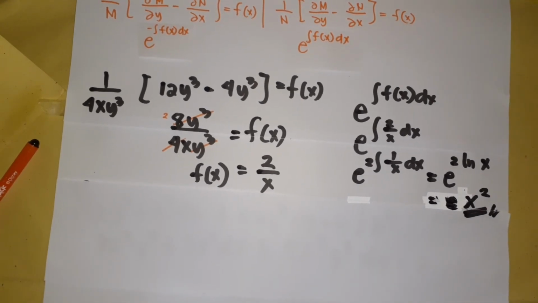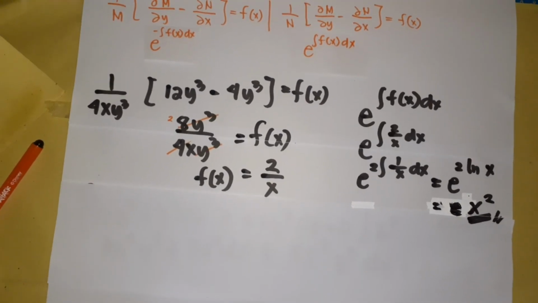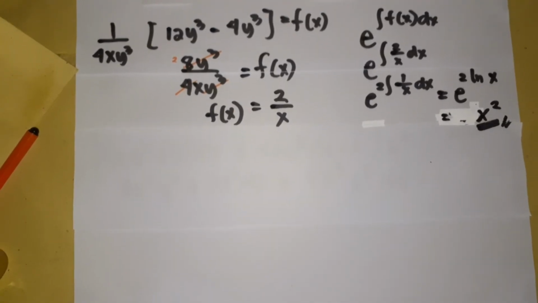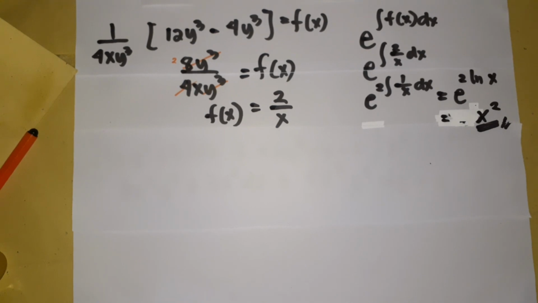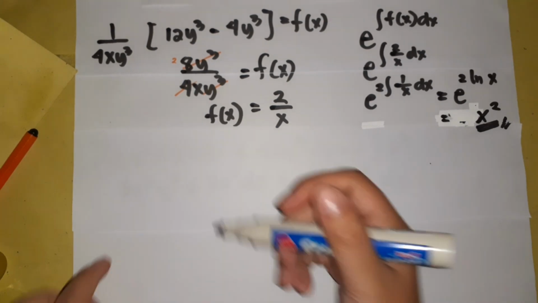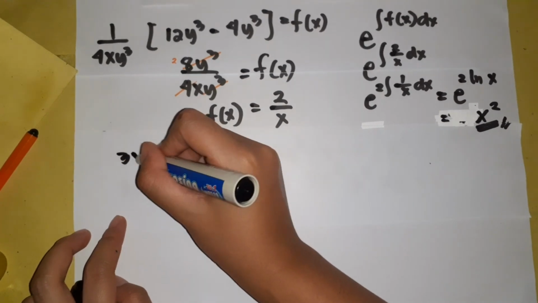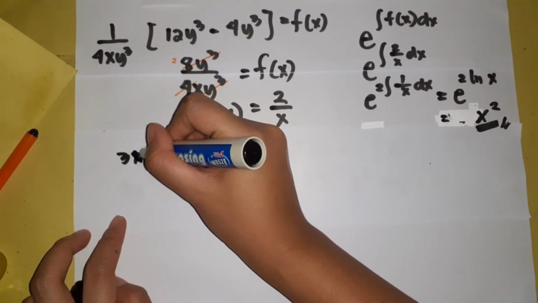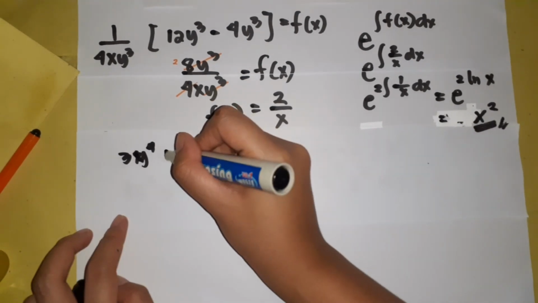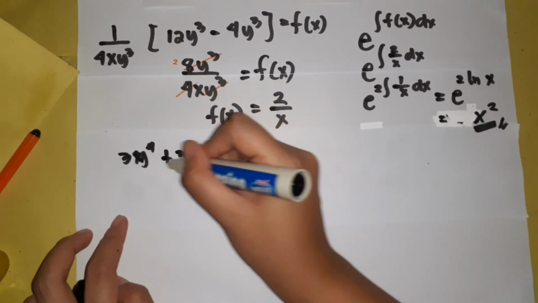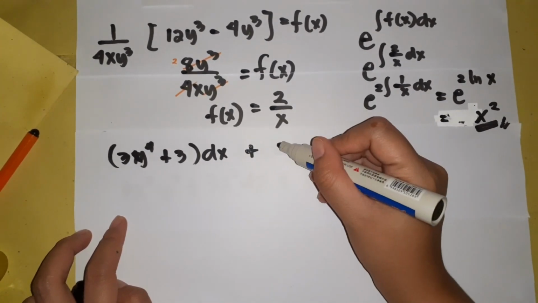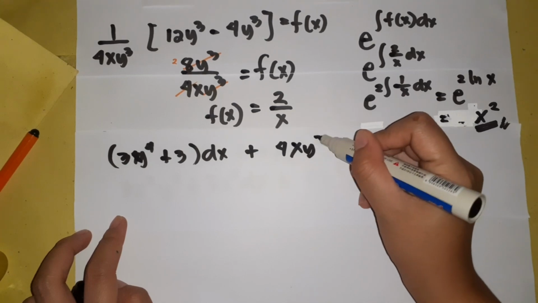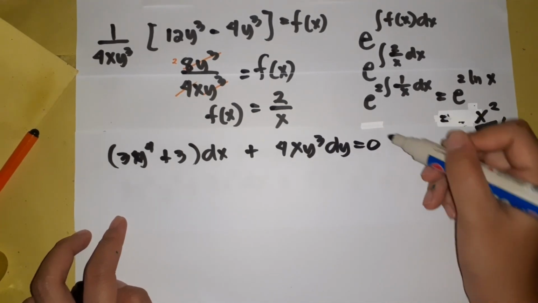Next, we will multiply our integrating factor into each term of our equation. So we will rewrite our equation: (3y^4 + 3) dx plus 4xy^3 dy is equal to 0.